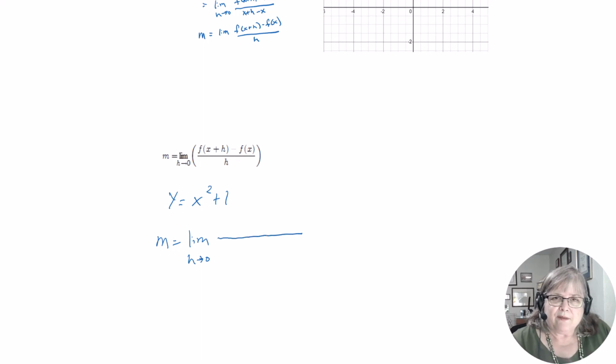Now, I want to give you a few little hints. This denominator is always h. It's not anything else but an h. It's not 2h. It's not 3h. It's not h plus 1. It's just an h. So you might find it easier to start at the bottom of the fraction and work your way around to the top counterclockwise because you're going to have to do a few of these.